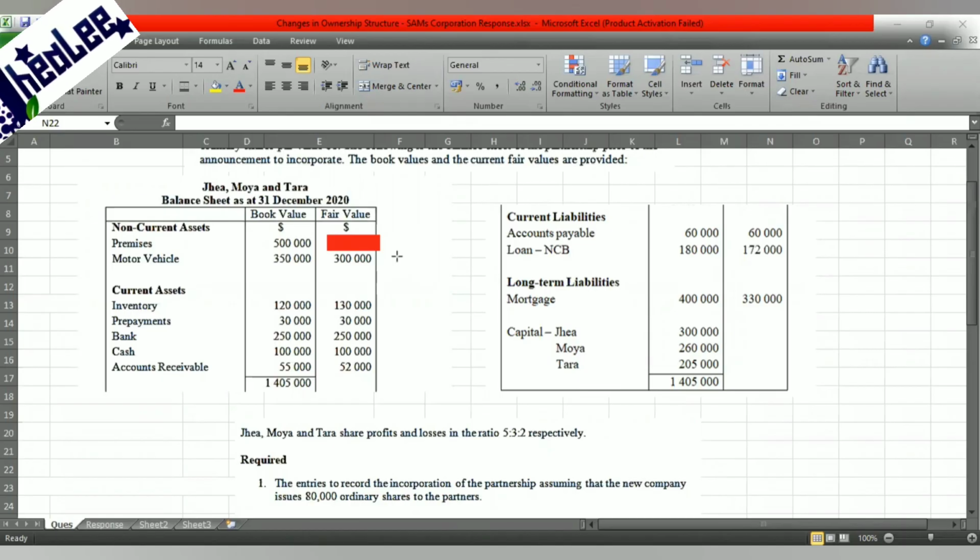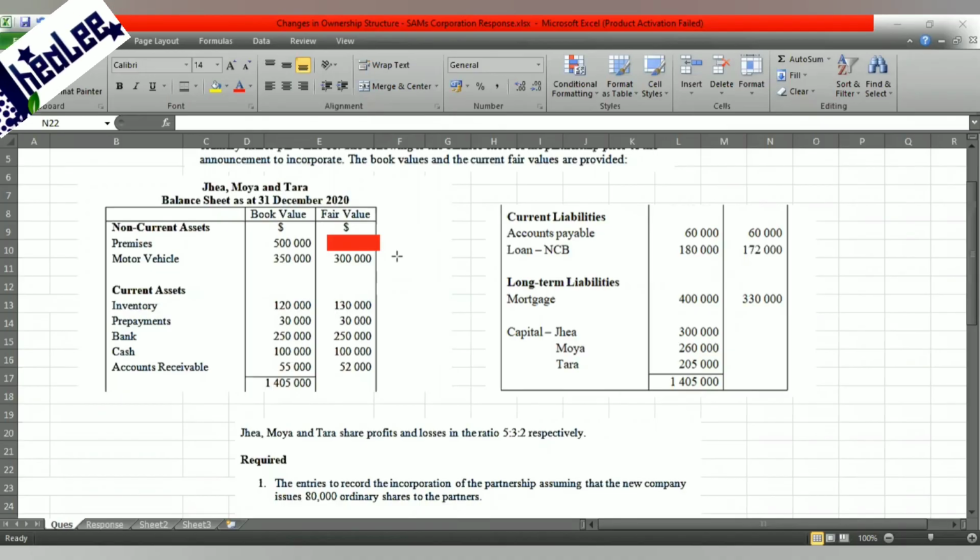So you would then cancel out that 500 balance that is in your premises account by way of crediting it in the journal. So remember, once there is no fair value for a particular asset or a liability, then of course you're not going to take that over to the new business. What you will do is transfer that value to the valuation adjustment and close down that account. You're closing it completely, but nothing is going to your new business.